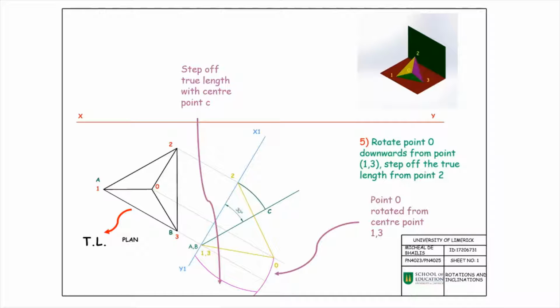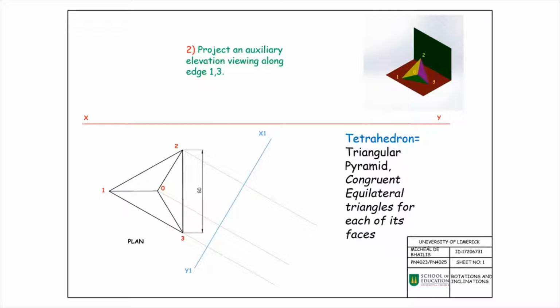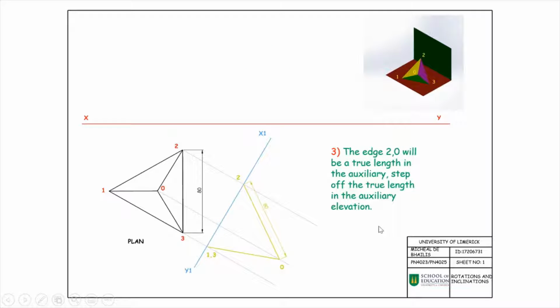We now must complete the auxiliary elevation, and as we go back to the definition of a tetrahedron, it's a triangular pyramid with congruent equilateral triangles for each of its faces.